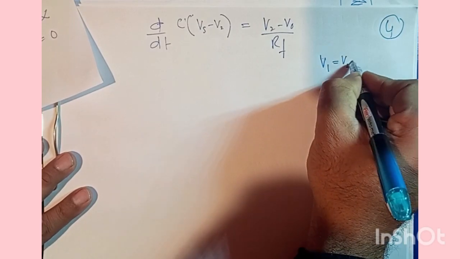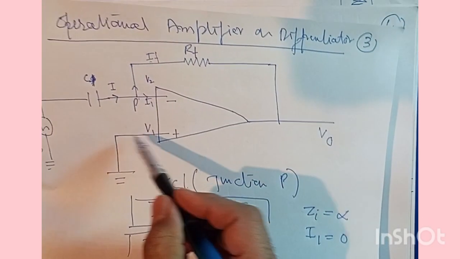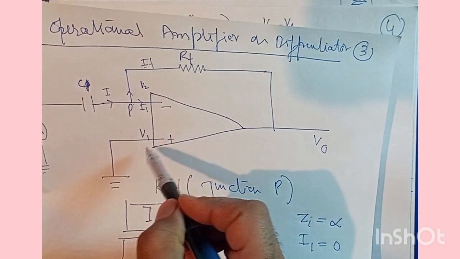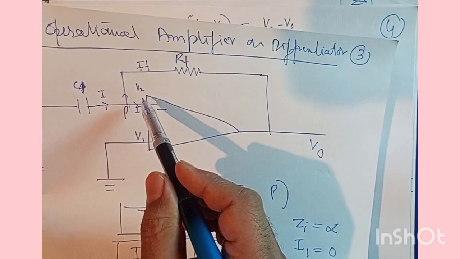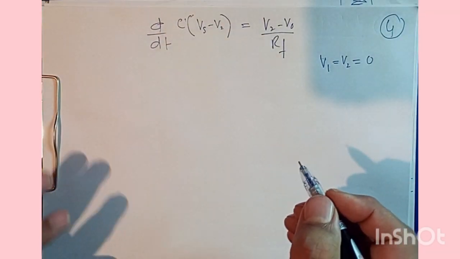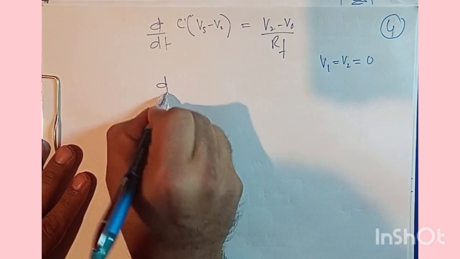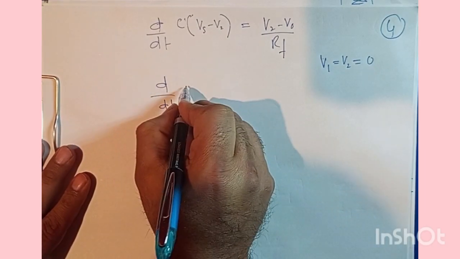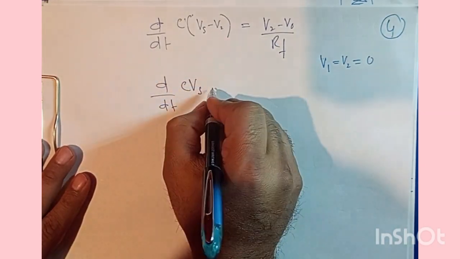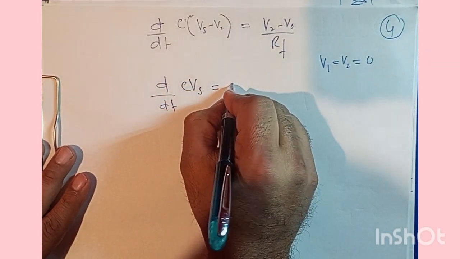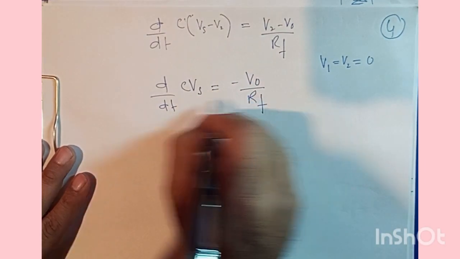is equal to V2 is equal to 0. Because this V1 is grounded, taking this at 0 potential, the potential at V1 must be equal to the potential at V2. So what's going to happen here is we're going to get d upon dt of CVs is equal to minus V out by RF.